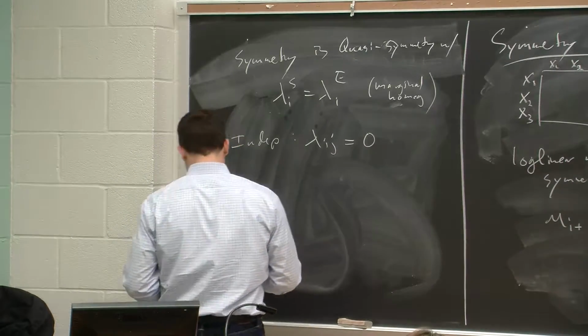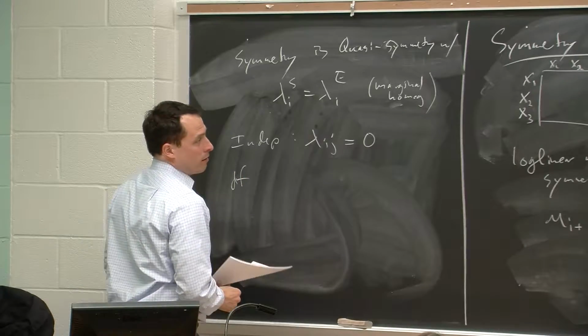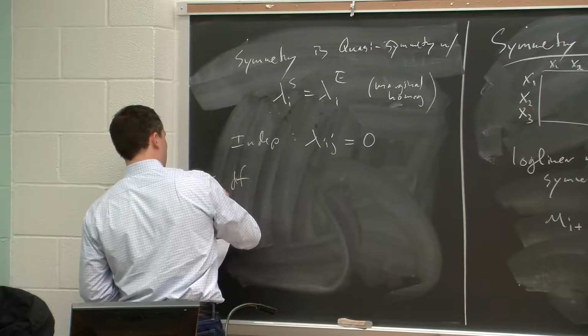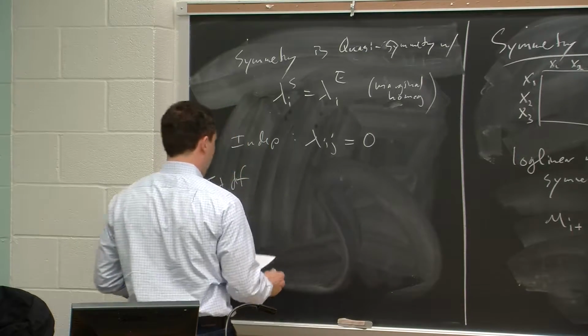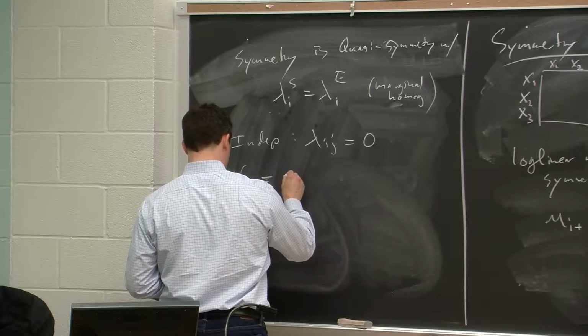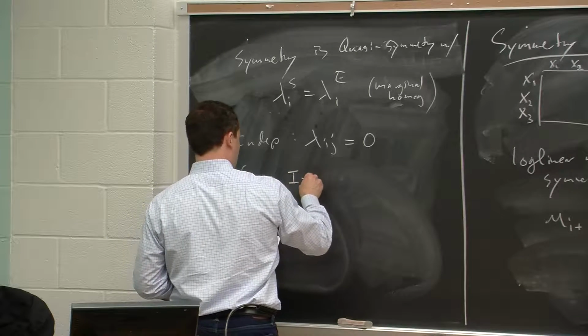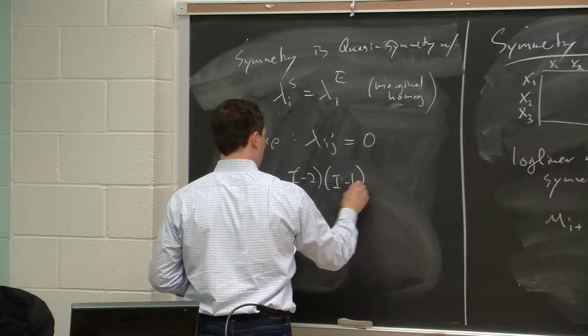As usual, the degrees of freedom is the test degrees of freedom. It's the saturated minus the number of parameters in this, and that works out to be (I minus 2)(I minus 1) divided by 2.